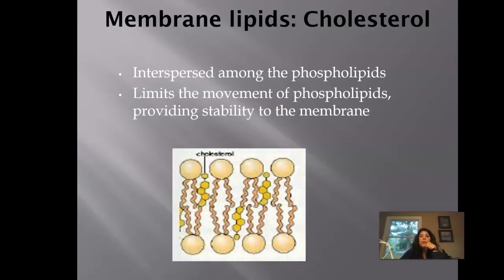Cholesterol is a membrane lipid, so it's an example of a lipid, a fat, and it's going to sit right in between these tails. So the layer of tails here, these cholesterol molecules sit in here. And what it does is it helps provide some stability to the membrane.